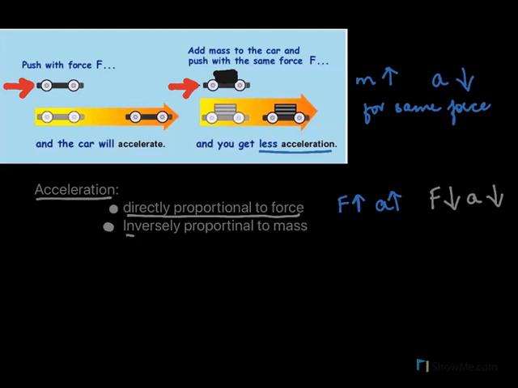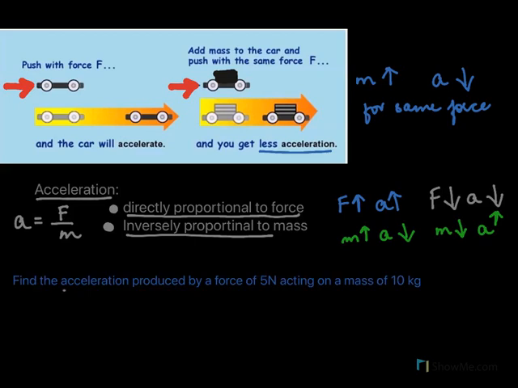The second point is acceleration is inversely proportional to mass, which means if mass increases, acceleration decreases. If mass decreases, acceleration increases. So here we see that A equals F over M.